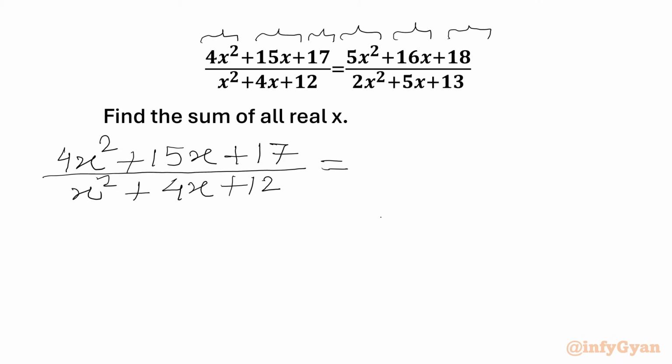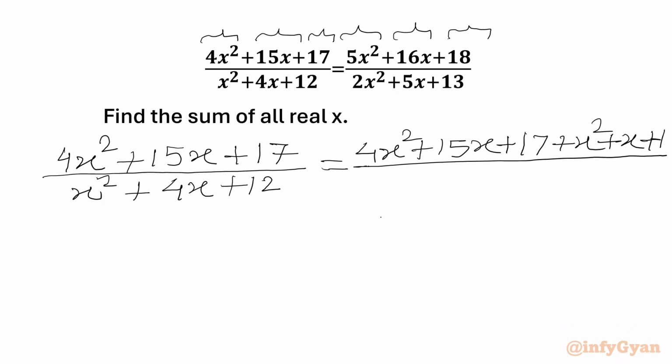So can we write our numerator in terms of the LHS numerator? Yes, we can. We will write first 4x² + 15x + 17, then we need to write x² + x + 1.